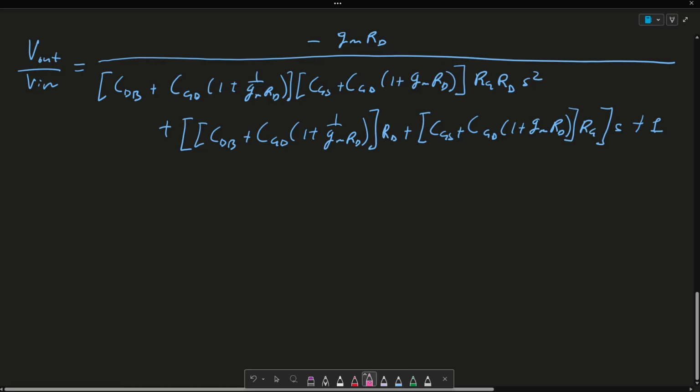So what I'm going to do now is distribute this down here, and I'll copy and paste it for this term, just so we have a nice, clean, final equation.